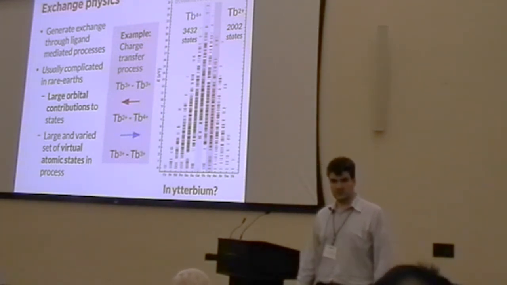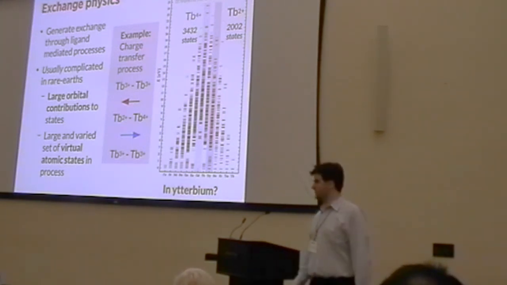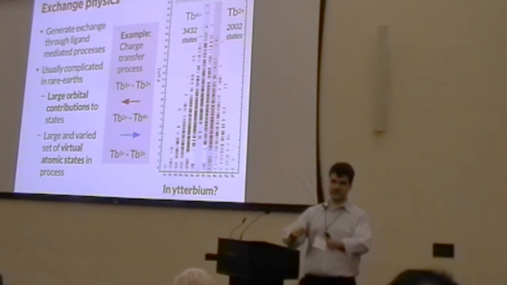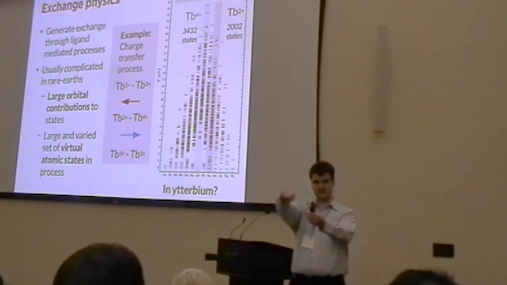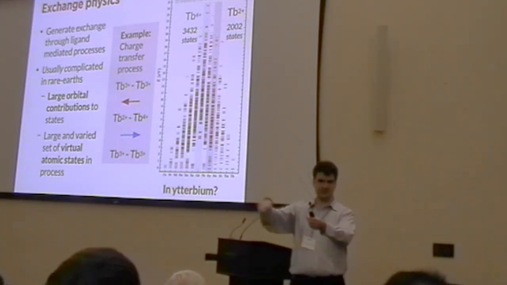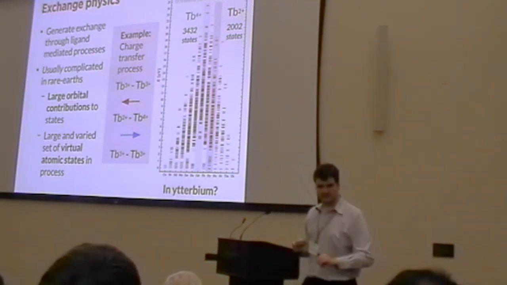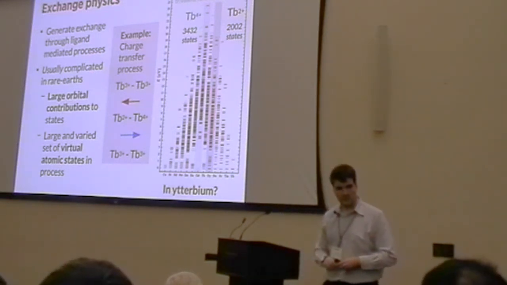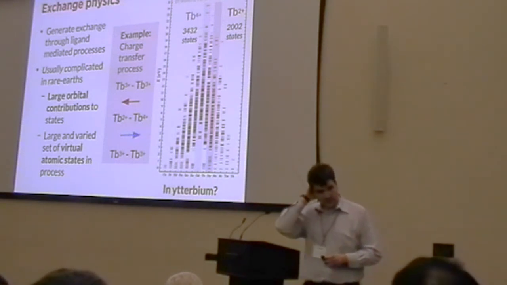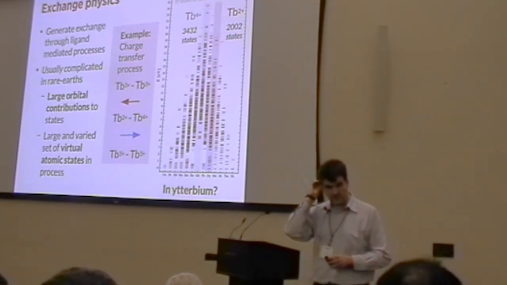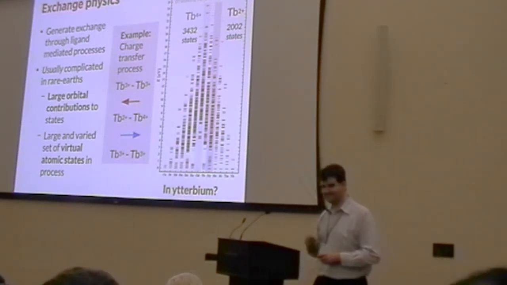Your theory is strictly only for insulators. This is for the insulator, yeah. So this is a caricature, right? So in reality, it goes from the rare earth to the ligand to the rare earth, and there are some cyclic processes in there as well. Okay, so your theory is restricted to the Yb 3+ state. Yes. Okay. Yes.